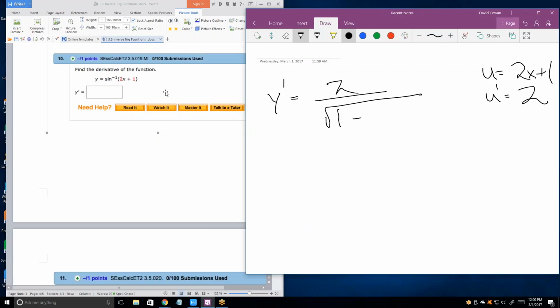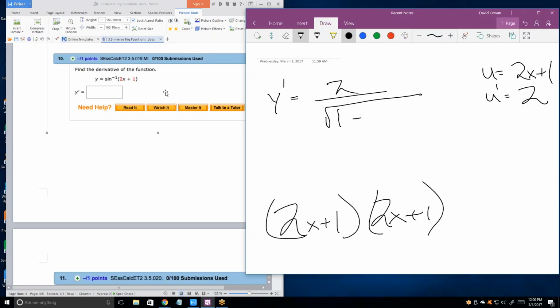What's u squared? If u is 2x plus 1, then 4x squared. No, down here: 2x plus 1 times 2x plus 1. What do you get? That's what 2x plus 1 squared means.